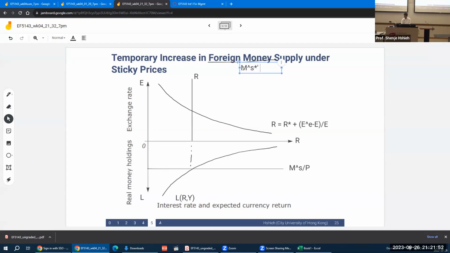Okay, let's say it's increased to that amount. And we're going to assume that prices are constant. Can you tell me what happens graphically? You don't have to tell me the economics. Someone just tell me what happens graphically. So I'll give you 2 minutes to think about it if you need it.